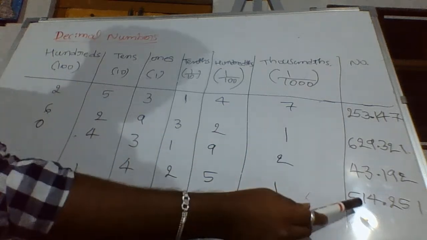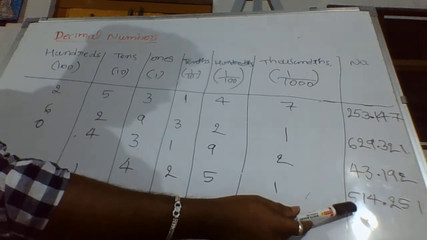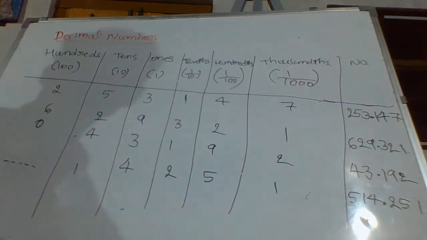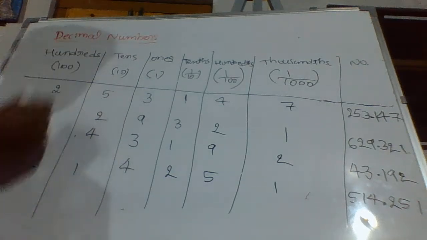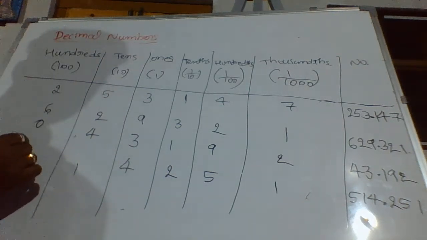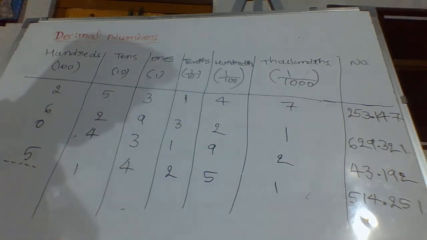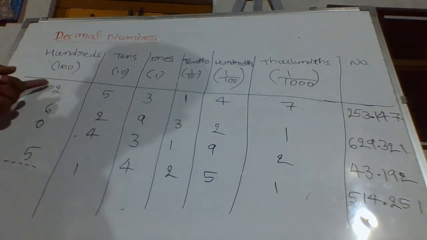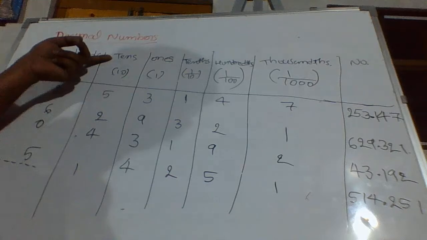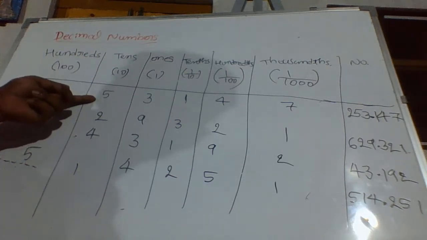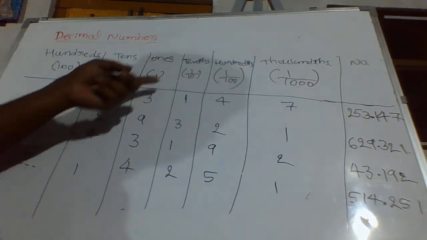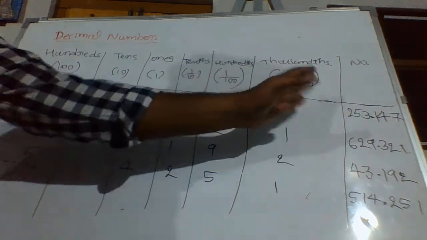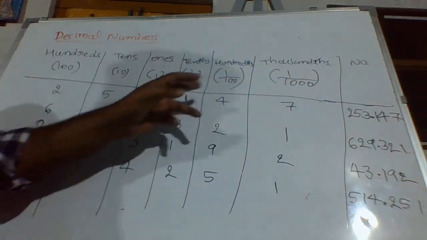So here at the hundreds position, what is the number they have written? 5. Here at the hundreds position you should write 5, that is the answer. Okay, so these are the different examples. See here, in the first example directly they have given at the hundreds position 2, at the tens position 5, ones position 3, and the numbers that come after the decimal point again 147.